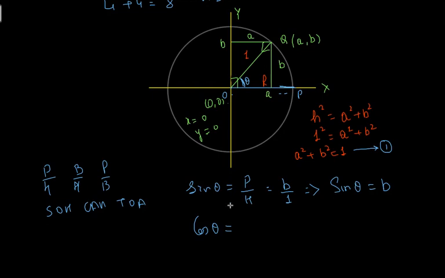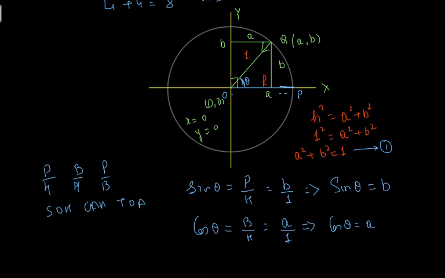Our base. And what is the value of our base? It is A. And hypotenuse still remains the same, 1. This implies cos theta is equal to A.